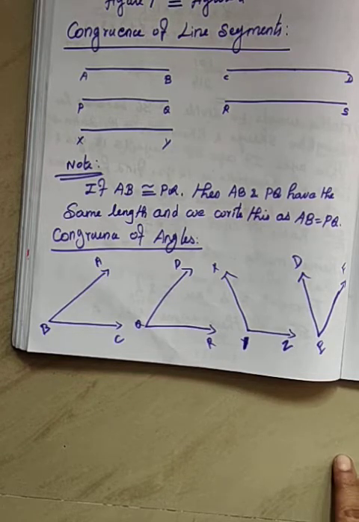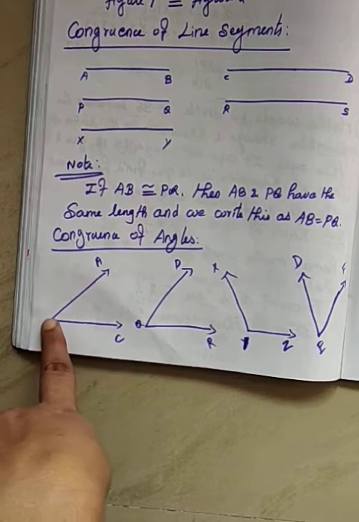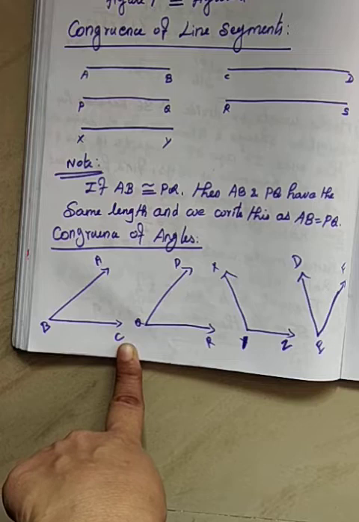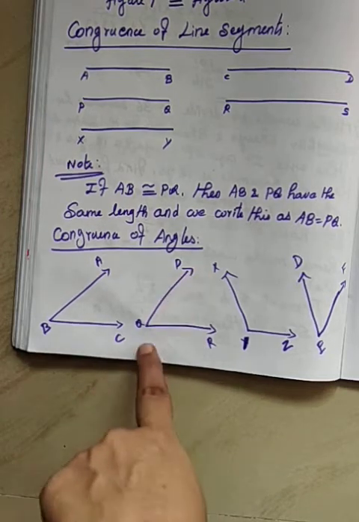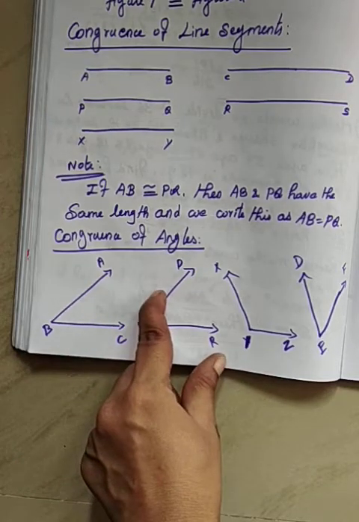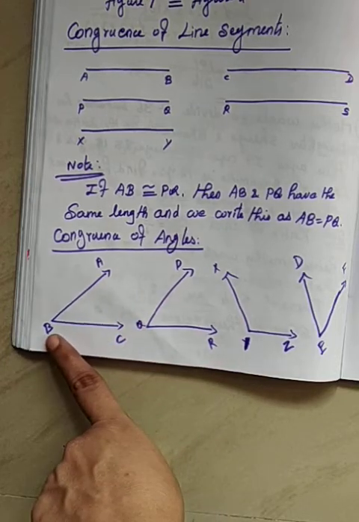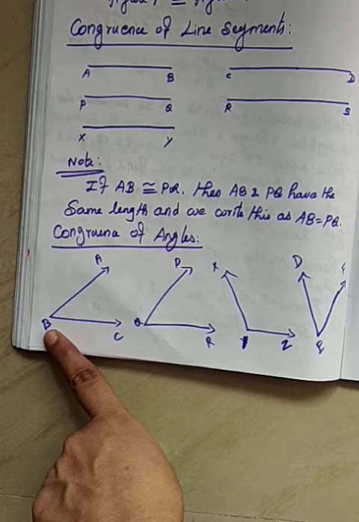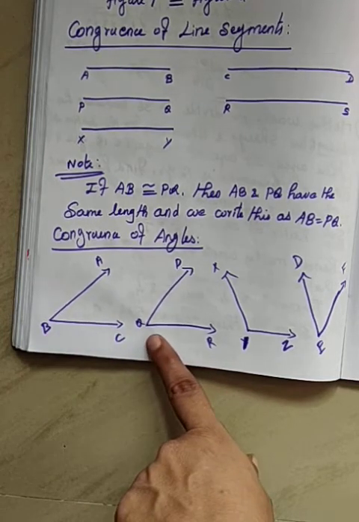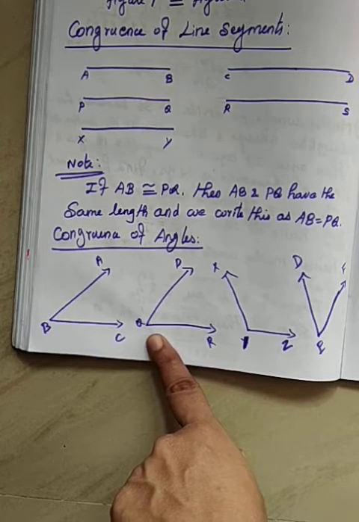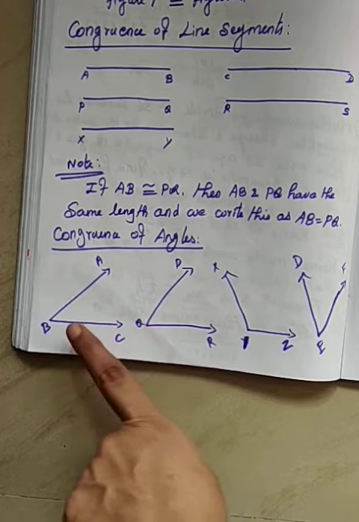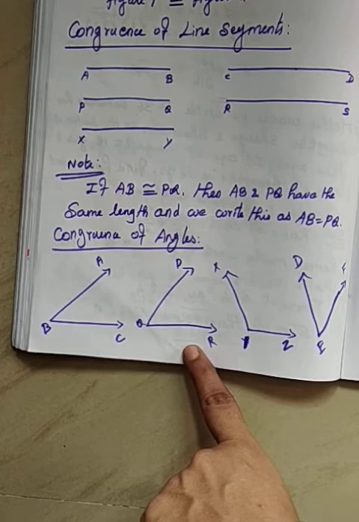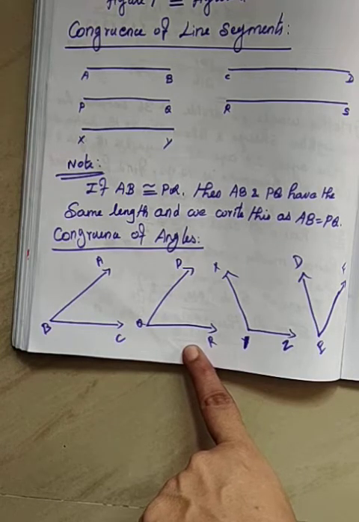Make a replica of angle ABC on a tracing paper and place it on PQR such that the vertex B of the angle ABC coincides with the point Q, and one arm of the angle ABC coincides with QP. Observe that the other arm coincides with QR.